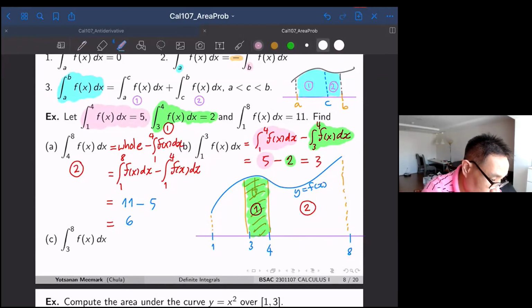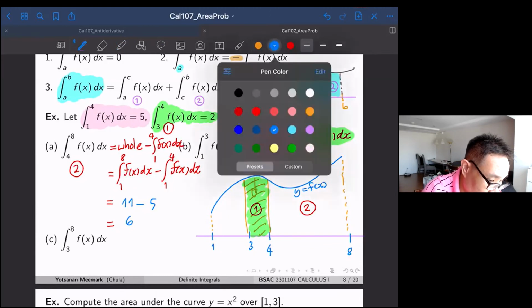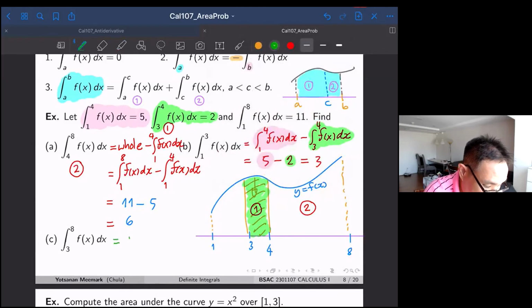The next one will be integral from 3 to 8 of f(x) dx. So in order to get 3 to 8, you see that it's just going to be number 1 plus number 2. Okay, so this one is quite simple. So it's going to be number 1 plus number 2. Okay, and my number 1 will be 3 to 4. 3 to 4, we have number 1. 3 to 4 is going to be 2.